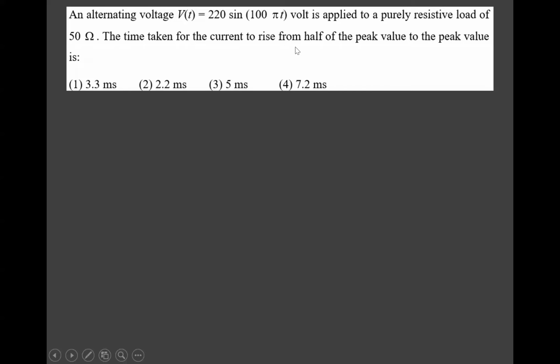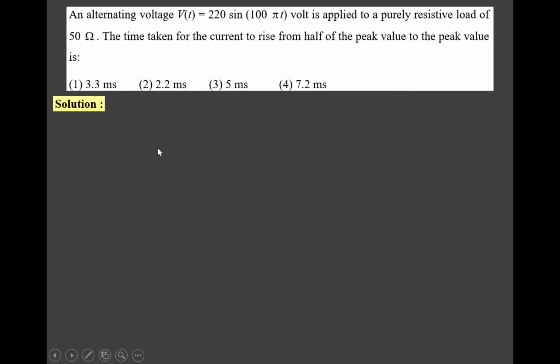So, peak value, suppose we take that as the current I0. Then half of it is I0 by 2 to I0, right? So, in this rise of the current, what is the time taken that we have to calculate?